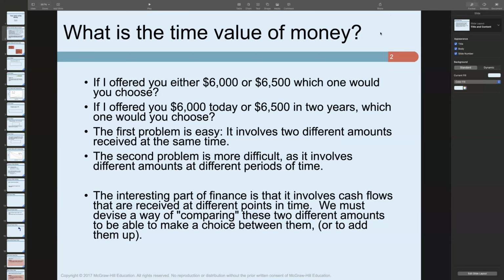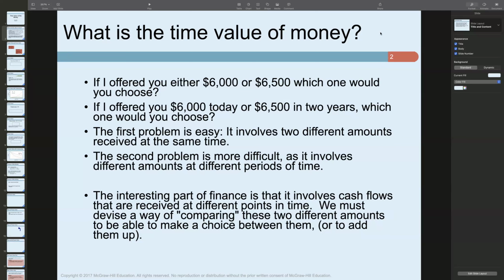But the correct answer should be 6,000 today, because with the interest rate we have now, you should be able to make more than 500 in 2 years. Especially if you invest in the stock market, maybe you get even more.